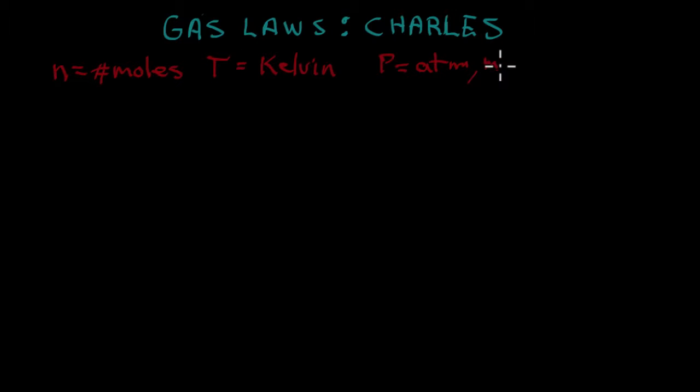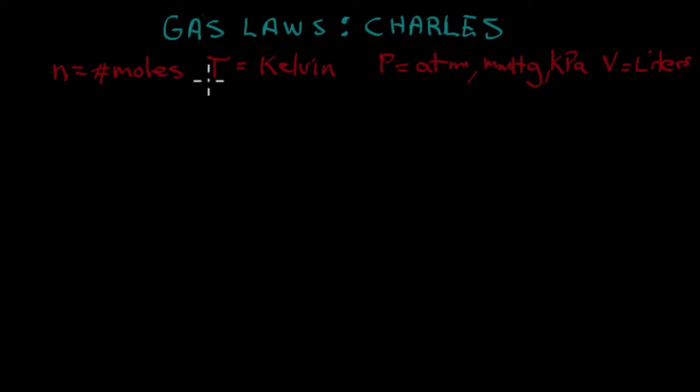It can be millimeters of mercury or torr. It can be in kilopascals. And the fourth variable is volume, usually in liters. It could be milliliters, cubic meters, but it's usually liters. There we have it. Now let's start with Charles's gas law.